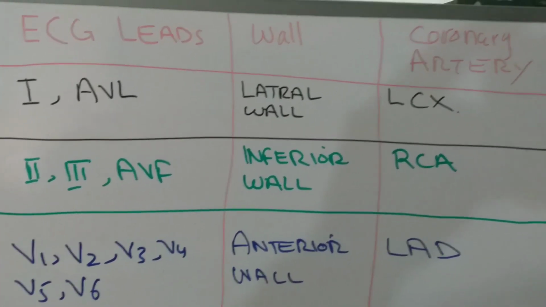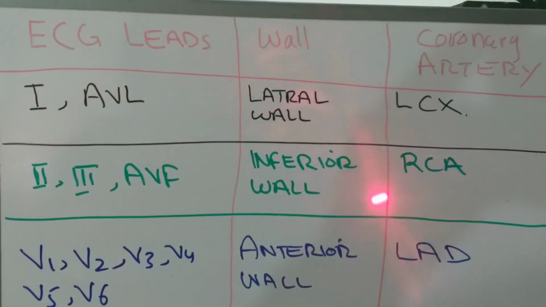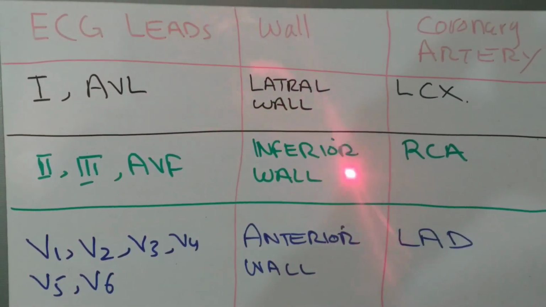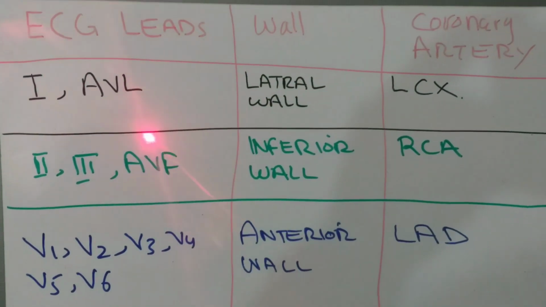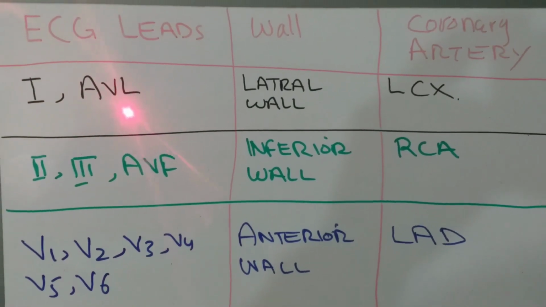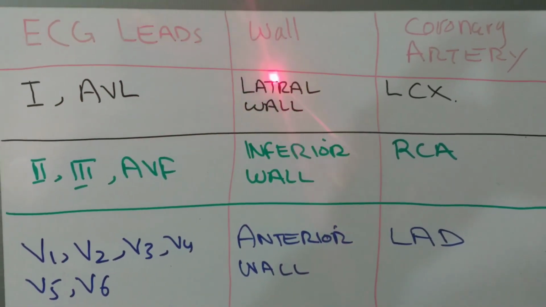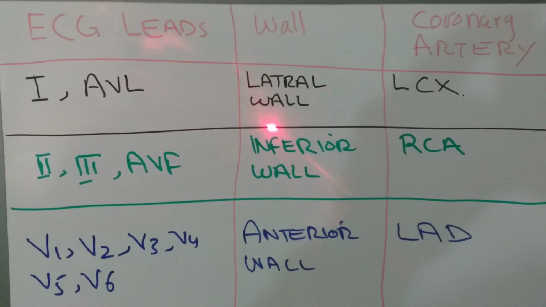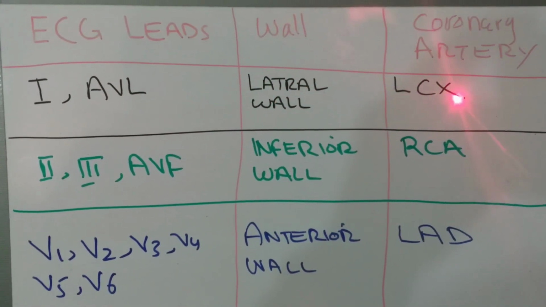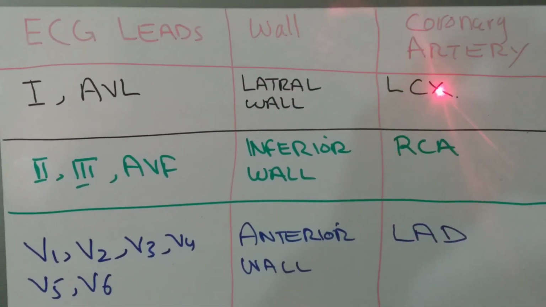This is another very important diagram, a table which shows that ECG leads 1 and AVL represent the lateral wall of the heart, and that lateral wall is supplied by the left circumflex artery.